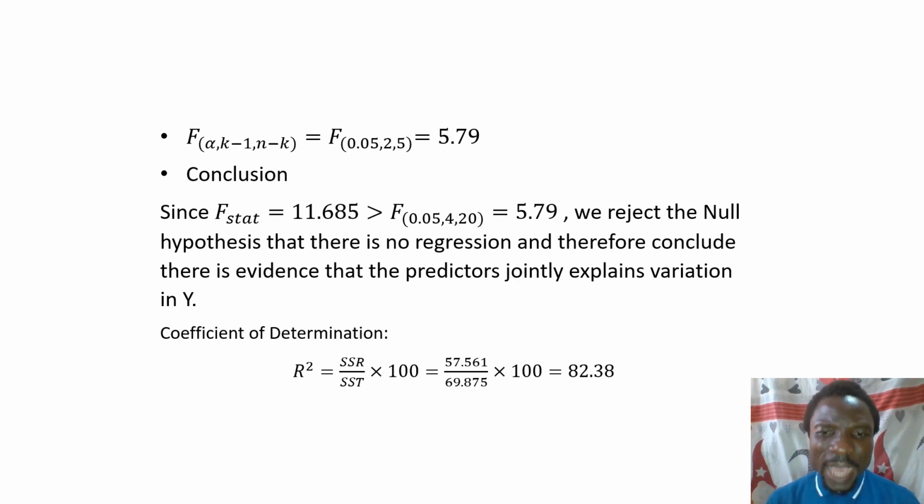That implies that 82% of the variation in y is explained by the predictors, which indicates that our regression model is good for our data.